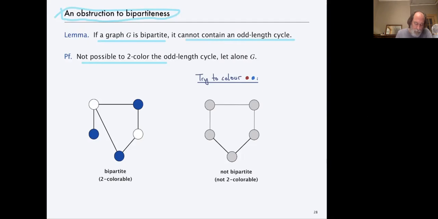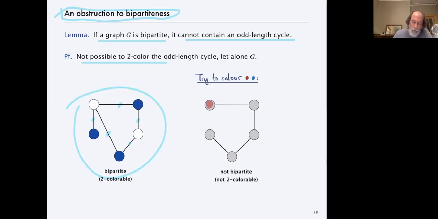So here, for example, this is properly two-colorable. Every node is colored white or yellow, and no edge has the same color on both ends. What if we have an odd cycle, as in this case? Well, let's try to color it. Let's just pick a vertex and color this one red.